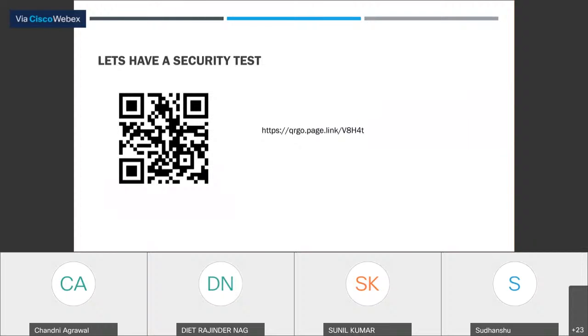So let's see. If you can scan this QR code, or if you are not able to scan this code, you can go to the link I have shared in the chat window. I'll show you on the screen only. Click on that link and just give a small security pass. Just like when we go anywhere, we have to pass some security.